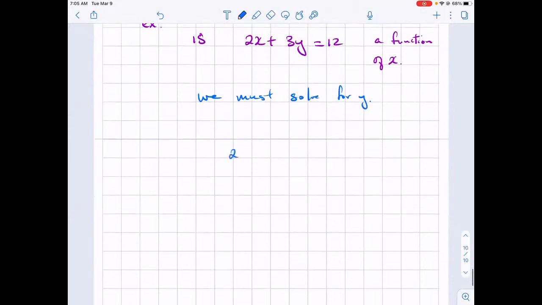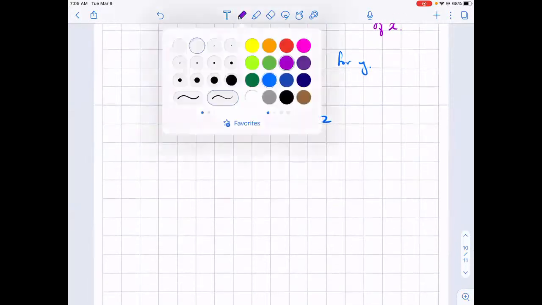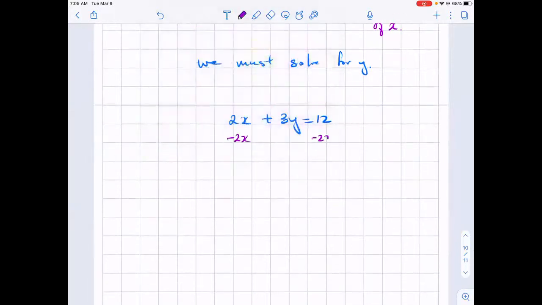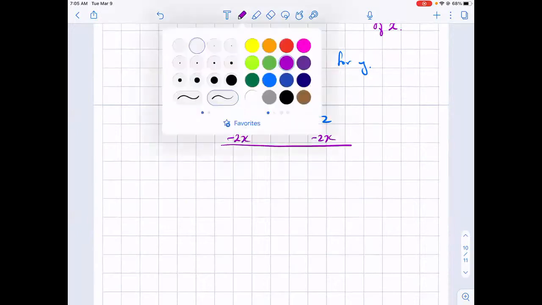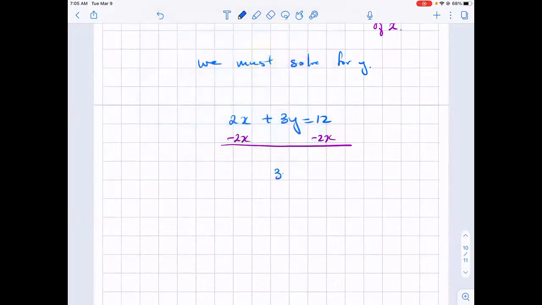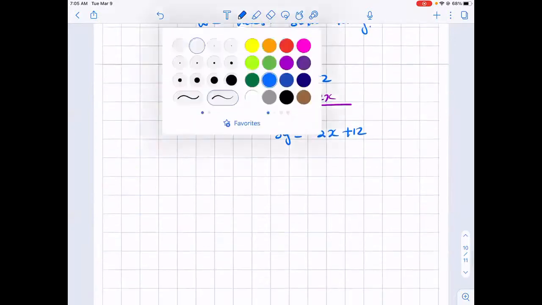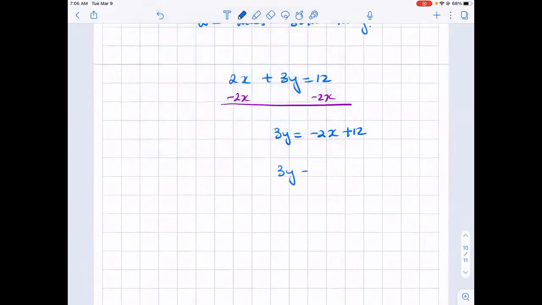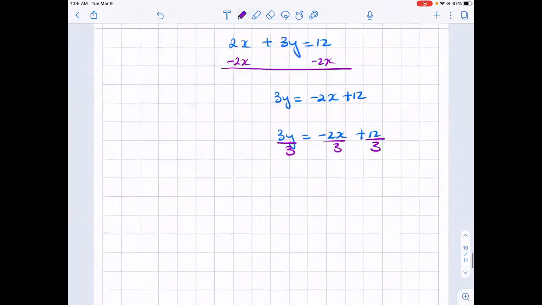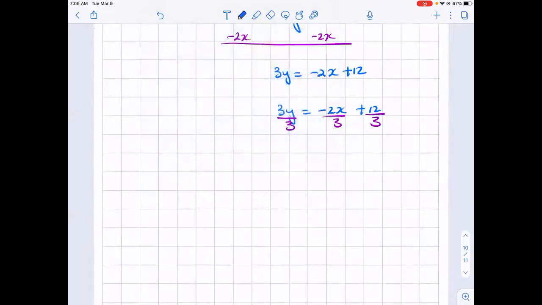So if we have 2x plus 3y equals 12, if we minus 2x on both sides, we will have 3y is equal to minus 2x plus 12. And then if we divide every single term by 3, we'll see that we have y is equal to minus 2/3 x plus 4.